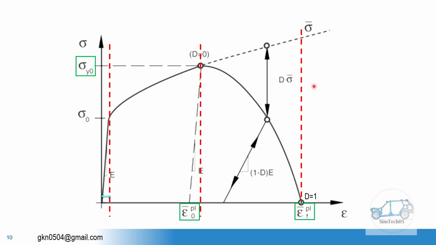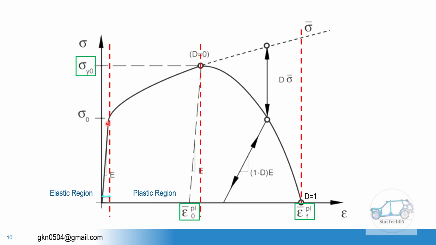Here we will discuss the damage parameter and stiffness degradation. Generally, we have seen this graph only up to this point. In this graph, the x-axis is strain and the y-axis is stress. This small zone is my elastic zone. Then we have the plastic zone, and this is my plastic strain. How can we calculate it?